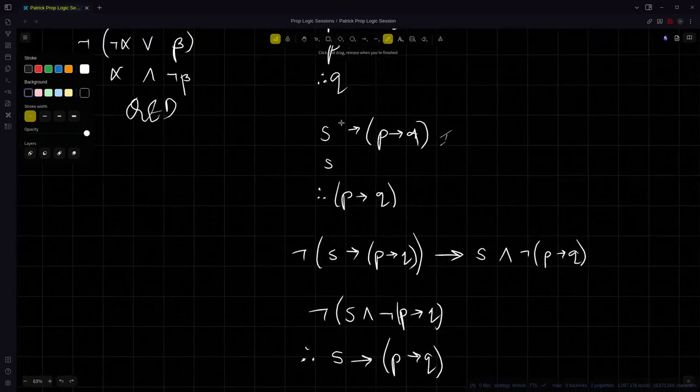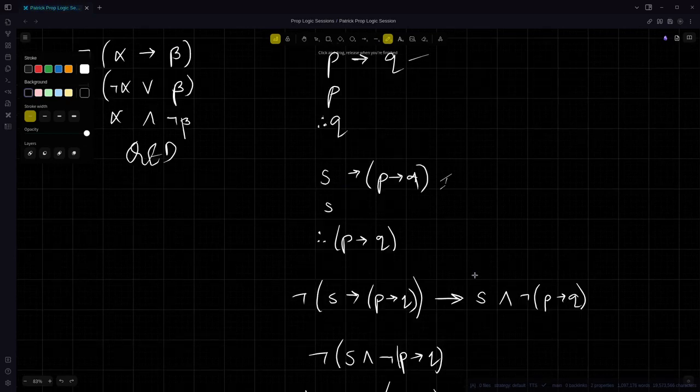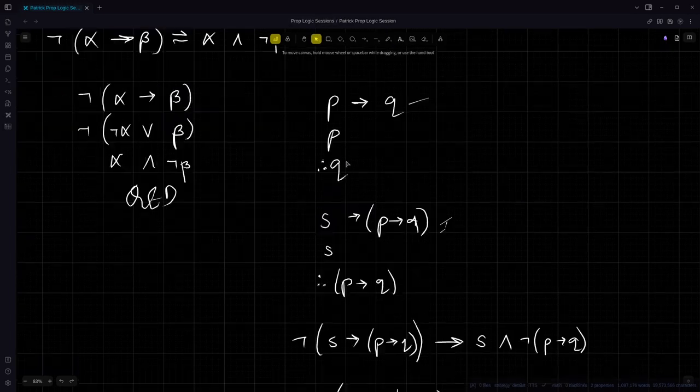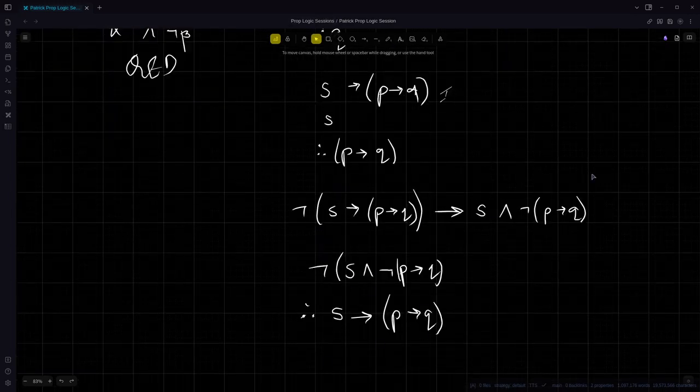So basically you can have some argument tree with conditionals all the way down, and you're trying to prove conditionals. And then maybe there's some proposition which is sort of empirical, and that's how you get it.